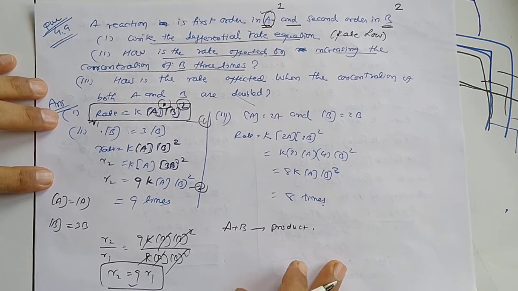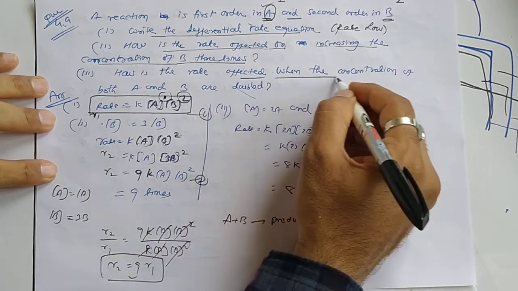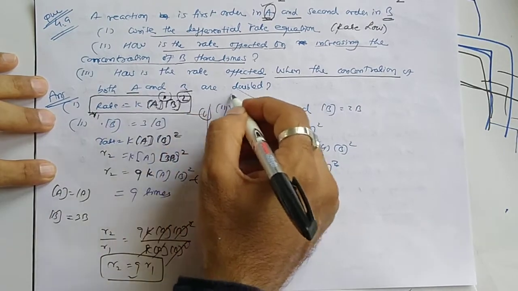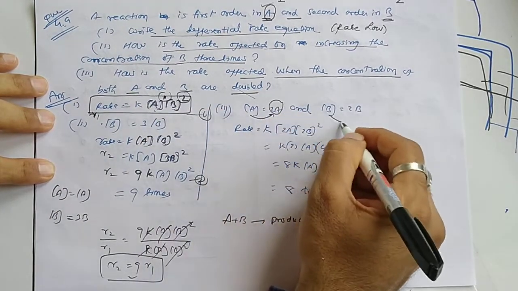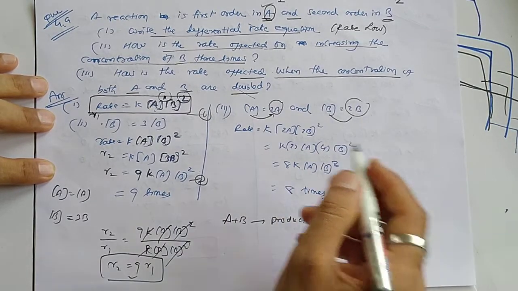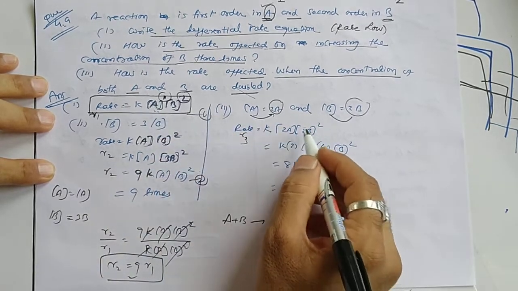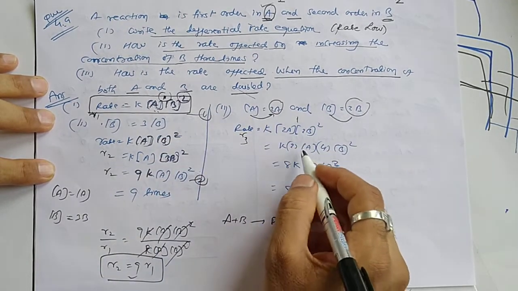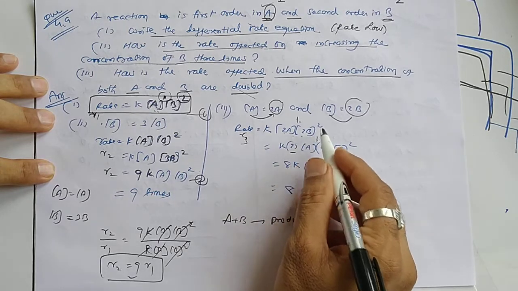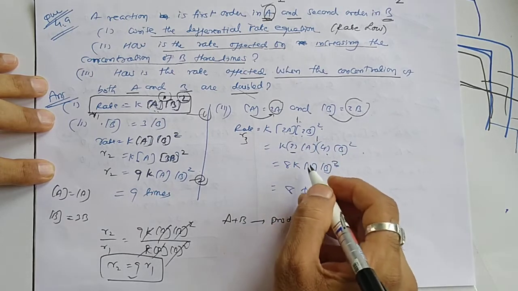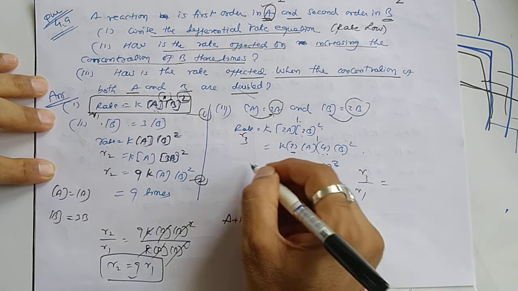Understood? Now, how is the rate affected when the concentrations of both A and B are doubled? A is doubled so 2A, B is doubled so 2B. So rate R3 is equal to K, 2A raised to 1 and 2B raised to 2. So 2 raised to 1 is 2, A raised to 1, 2 raised to 2 means 4, B square, 4 times 2 is 8K. Now R3 divided by R1.